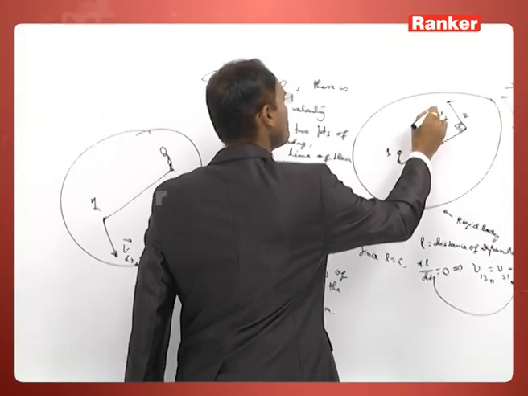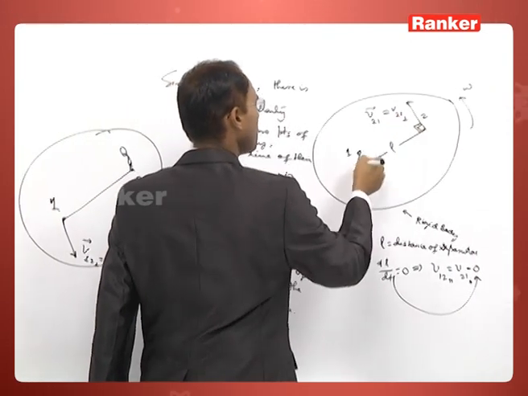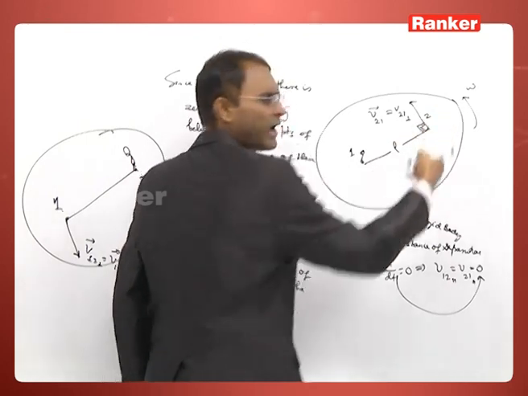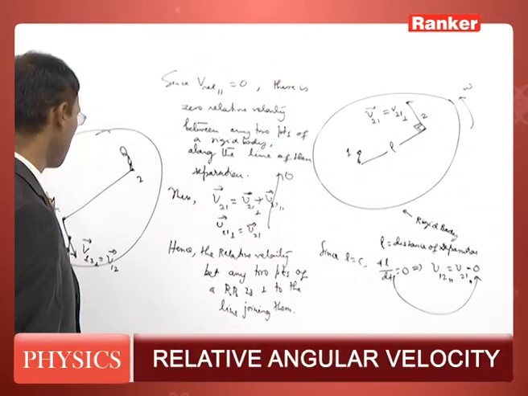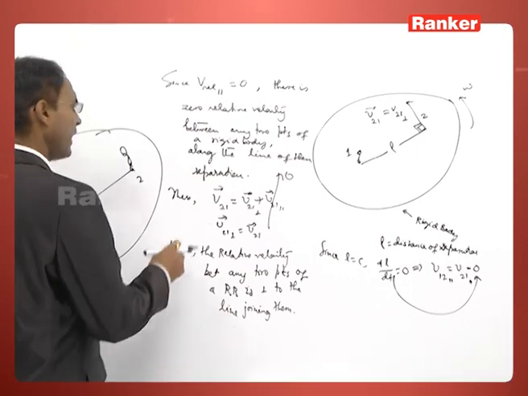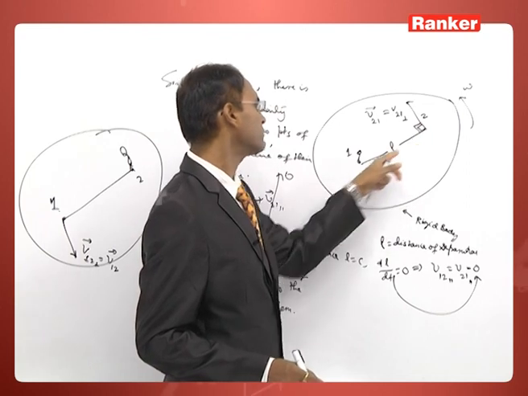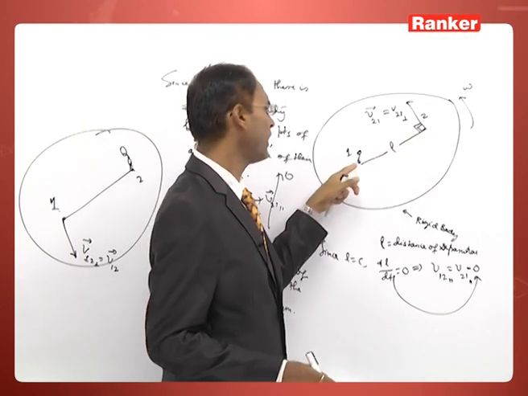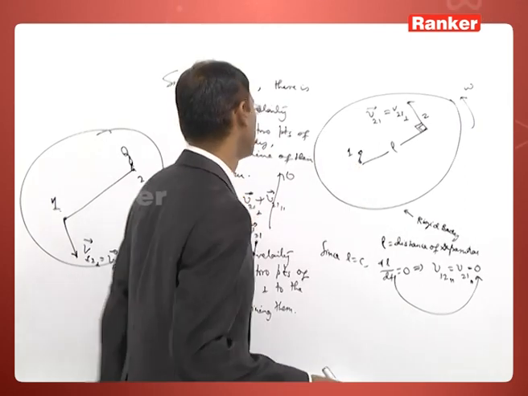Velocity of 2 with respect to 1 perpendicular is none other than velocity of 2 with respect to 1, because there is no relative velocity along this line. Hence, any point seems to move perpendicular to the line joining it to any other point.